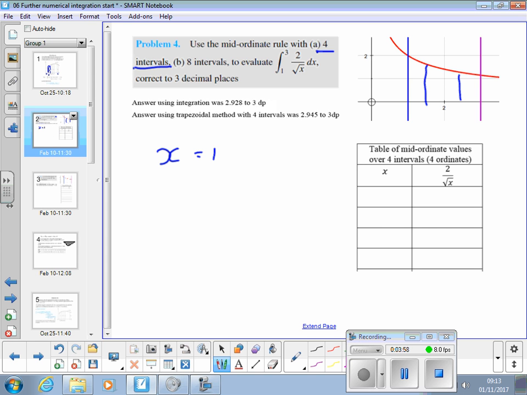So there's 1, 1.5, 2, 2.5, and 3. So the first mid-ordinate must be halfway between 1 and 1.5. The second mid-ordinate is halfway between 1.5 and 2.